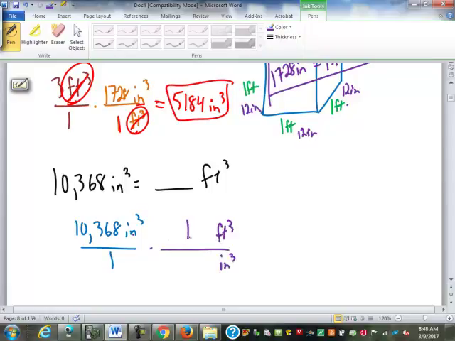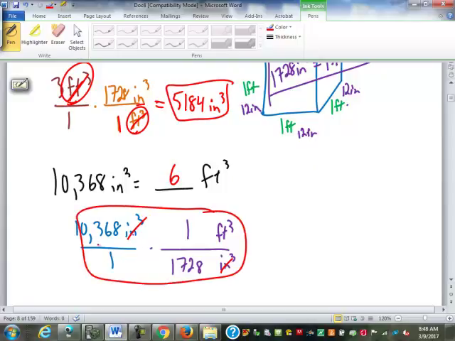Feet cubed on top. 1 cubic foot is 1,728. Since this is on bottom, we're going to divide by it. Get 6. Now the other thing you can do is a little bit of a shortcut. I like showing the dimensional analysis method because when we do compound units in a couple of days, that's going to be vital.